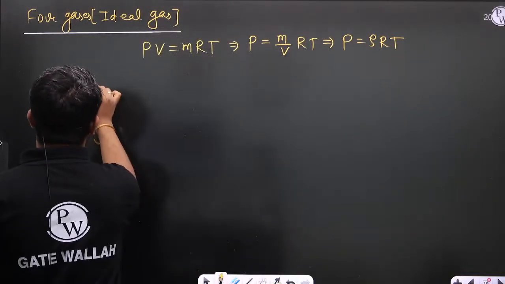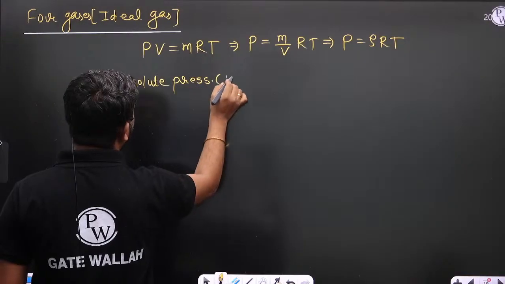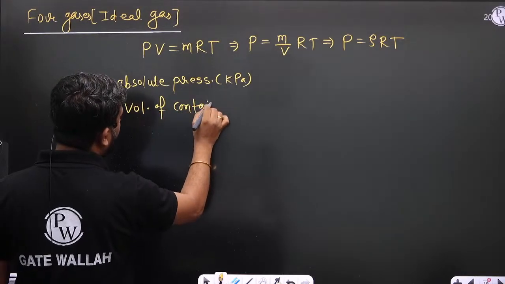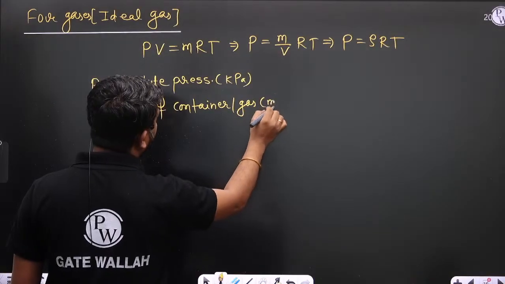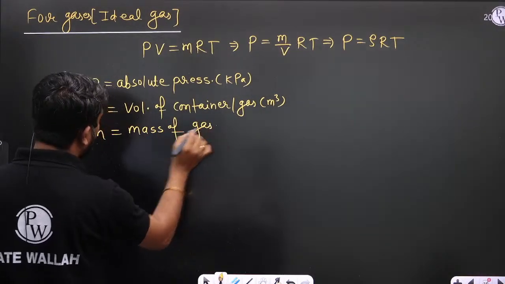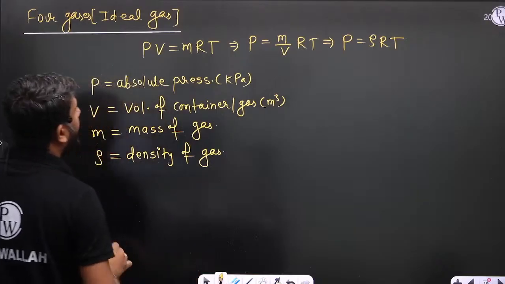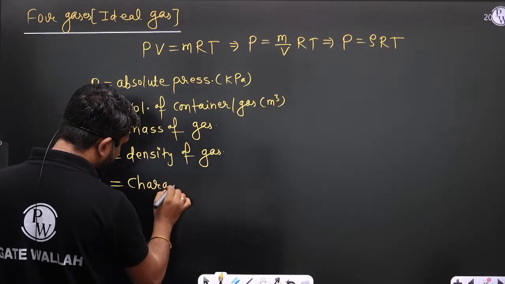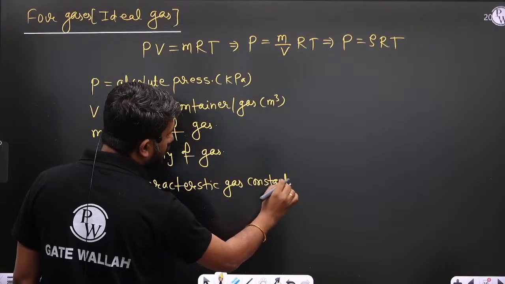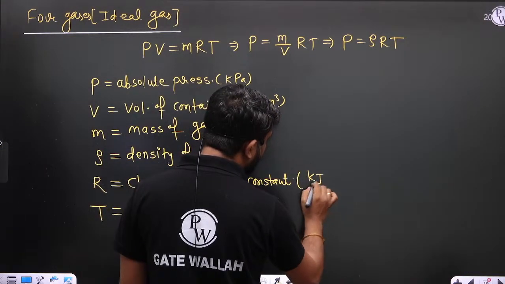Where P is the absolute pressure in kPa, V is the volume of container or volume of gas in meter cube, m is the mass of gas, rho is the density of gas, and R is the characteristic gas constant, in kilojoule per kg Kelvin.